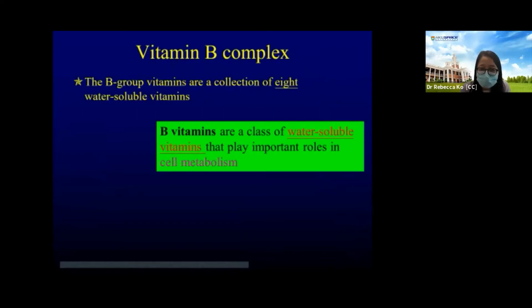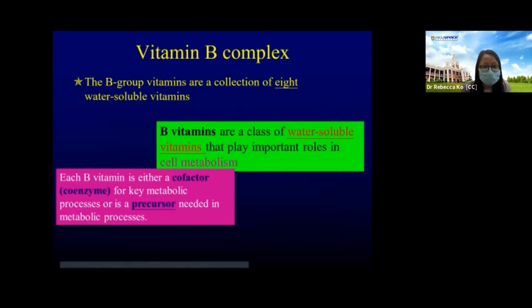Vitamin B is very important because it plays an important role in cell metabolism, the chemical reactions in living organisms. That's why we need vitamin B. But as you know, same as other vitamins, the amount of intake is different from the main nutrients like carbohydrates, proteins, lipids. We just need a small amount of the vitamins.